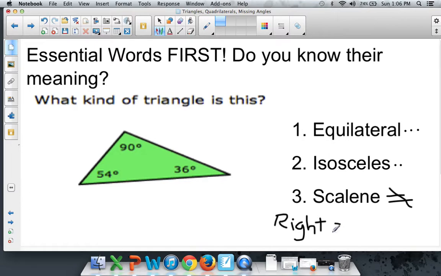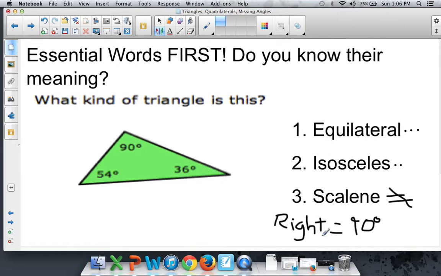All you have to do is look for an angle that is 90 degrees. Like most of you know, that is a right angle, 90 degrees. So when you see that bad boy, you know you're dealing with a right triangle.